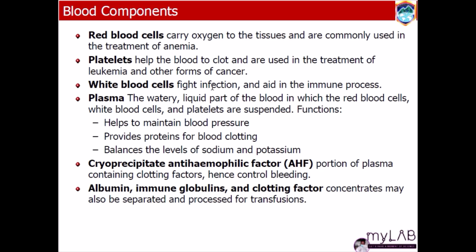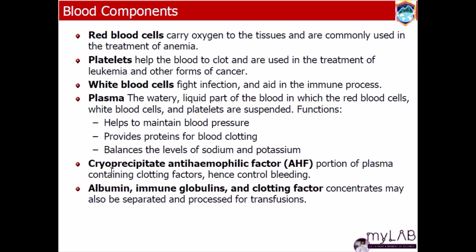And then we have white blood cells. They help us in fighting infection and aid in the immune processes. Then we have the watery liquid part of blood called plasma, which helps us maintain blood pressure, provides proteins for clotting, and balances the electrolytes within the blood.